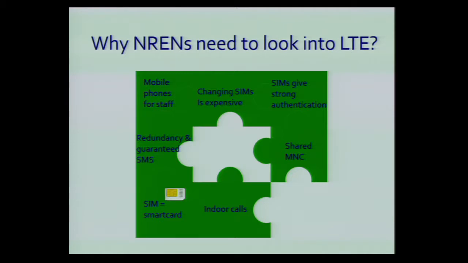There's this shared MNC. This is the agnostic SIM card, which started in the Netherlands, and it's booming, I can tell you. Lots of people are looking at it, and it will not limit to the Netherlands only. What does it mean? It means that an NREN can actually have its own mobile network code.